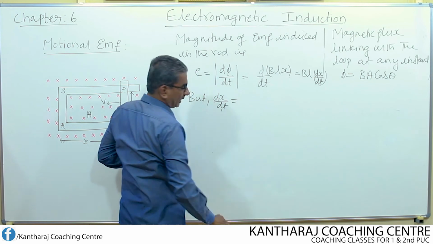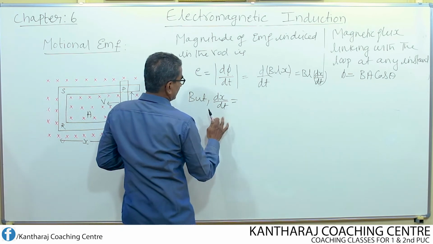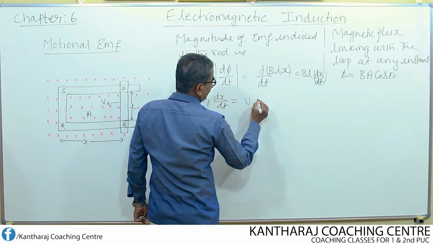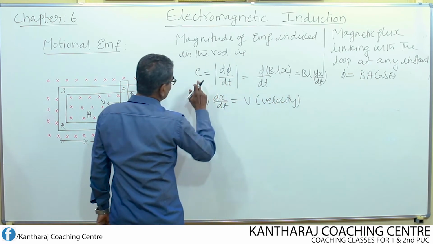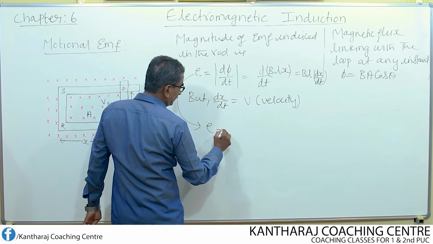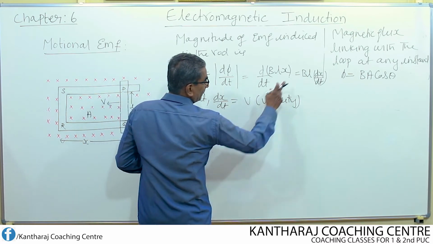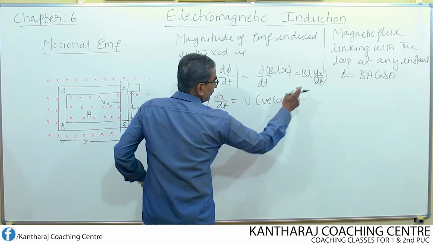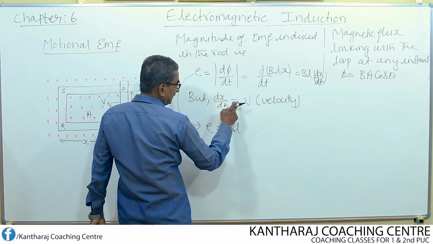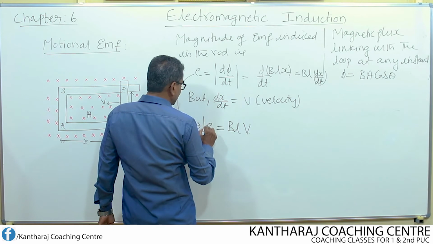If I substitute dx by dt equal to v, the velocity of the rod, the equation becomes E equal to B L v.